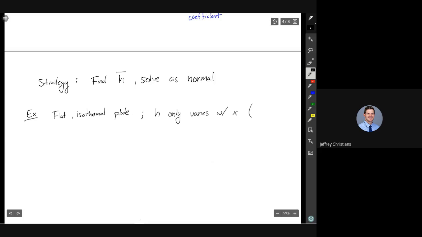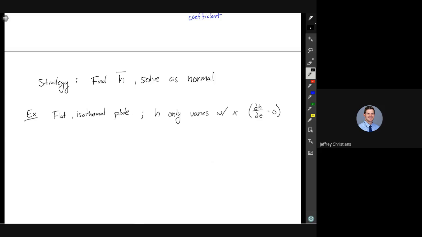It's like saying dh/dz is equal to 0. So it only varies as we go down the plate in the direction of the velocity, not as we go side to side. And it's flat, so there is no up and down direction, because if we can move up, then we're all of a sudden off the plate. So it only varies down the plate in the direction of the velocity. So we can talk about an integral with just the x direction.